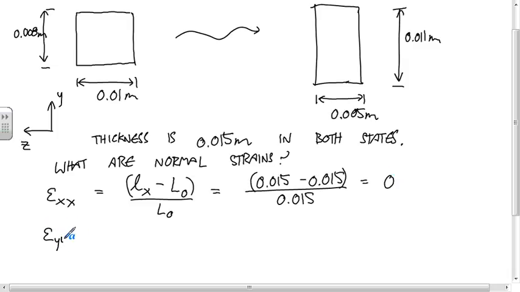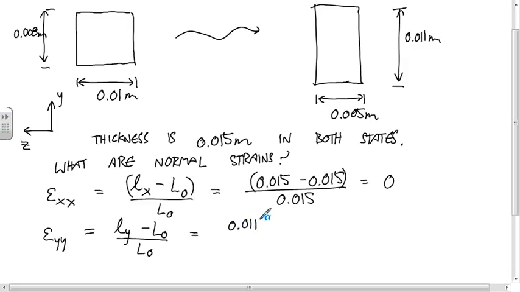And now the y normal strain, so that's going to be the length after the deformation minus the initial divided by the initial. What's the length along the y-axis after the deformation? Yep, 0.011.